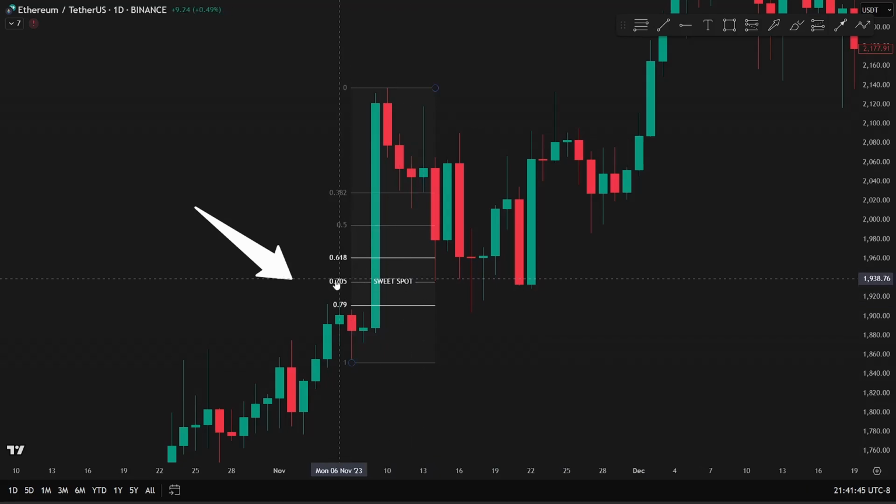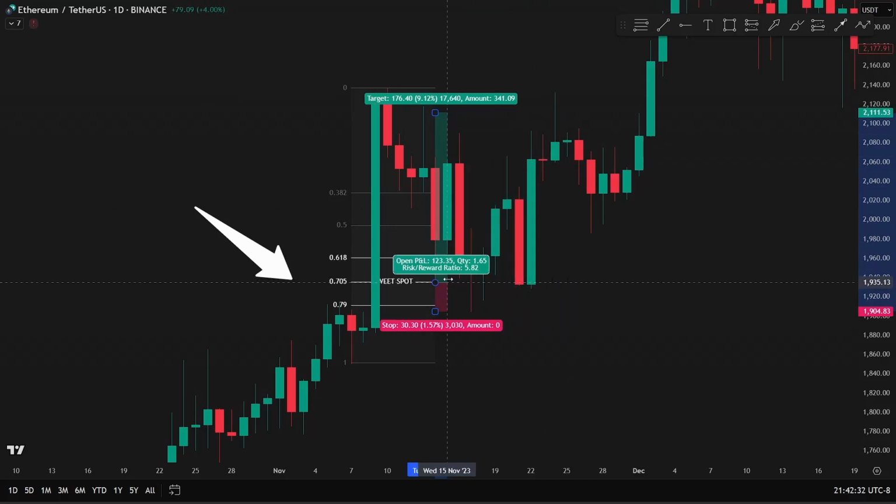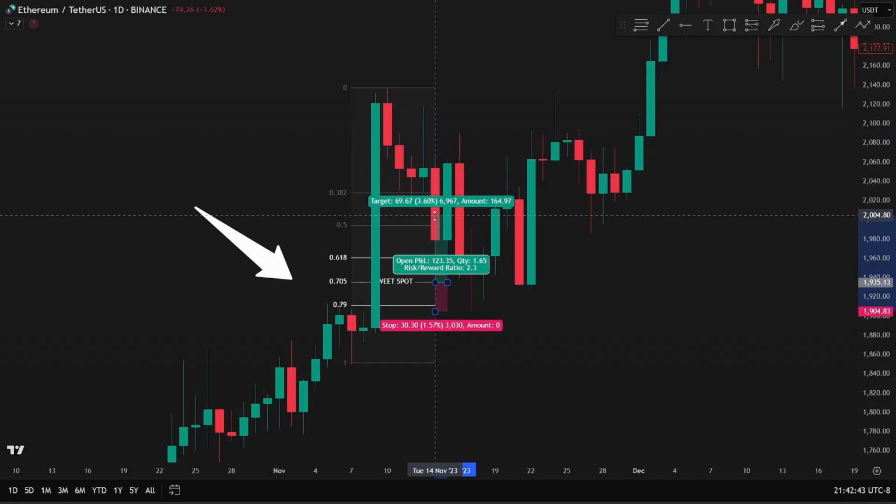So here we are, price taps the 0.705. Price has just hit this level. We take a long. We can safely put our stop here because we're seeing price starting to react in the lower time frames, and we mark it buy. We might even have limit orders sitting here waiting for this area to be tapped, and we want at least a 2R trade, right?